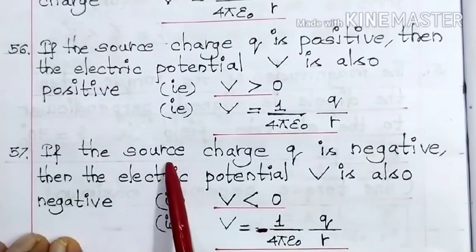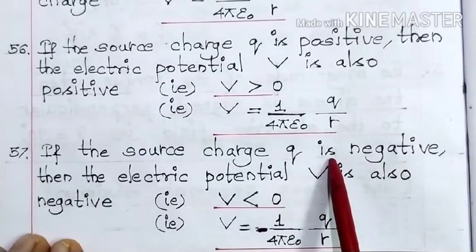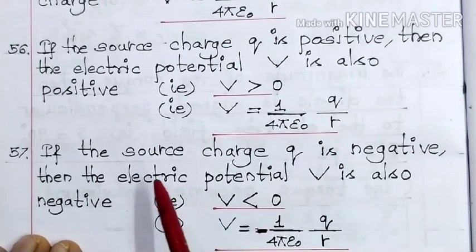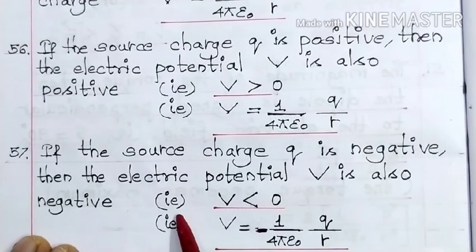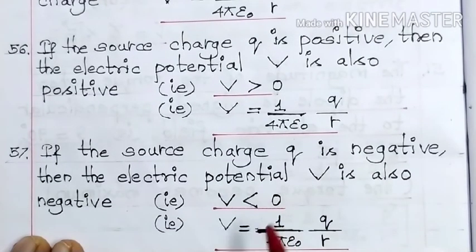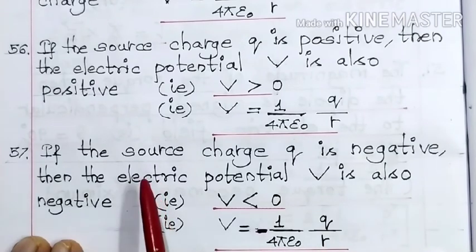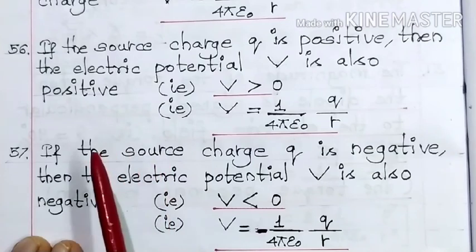If the source charge Q is negative, then the electric potential V is also negative. That is, V is less than 0. That is, V is equal to minus 1 by 4 pi epsilon naught Q by r. So the electric potential depends on the source charge.